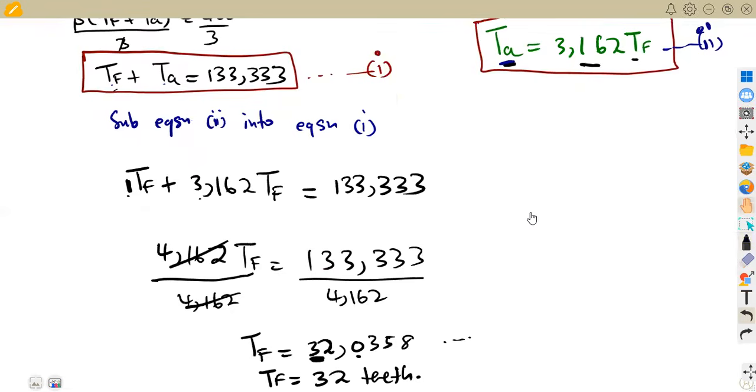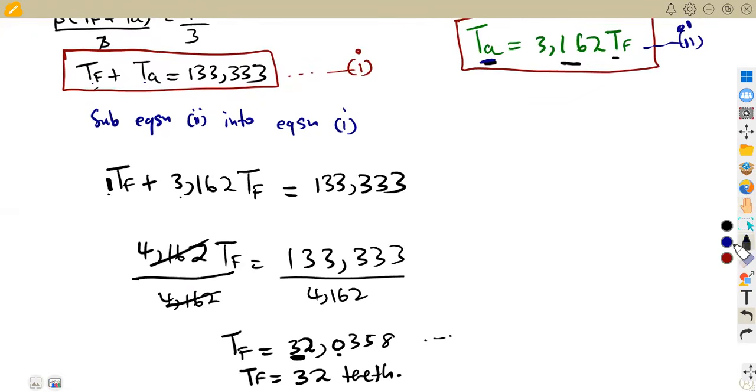So how are you going to determine the number of teeth on G? You can substitute in equation 1 or equation 2, but it's best to substitute in equation 2 because already we have made TG the subject. TG is equal to 3.162 TF.